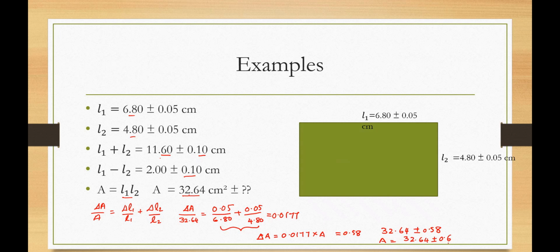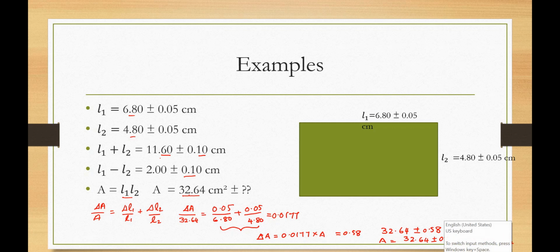It's not over, but the decimal place of uncertainty and measured quantity should be matching. So this I will rearrange it further to give 32.6 plus or minus 0.6 centimeter square.